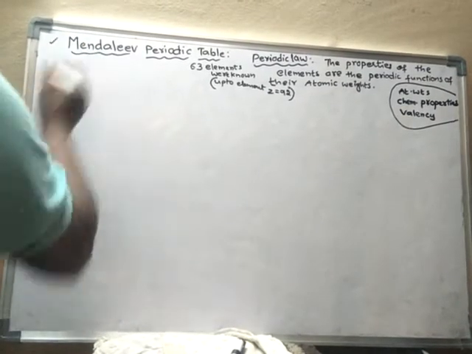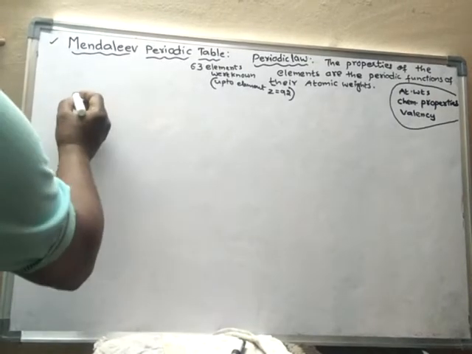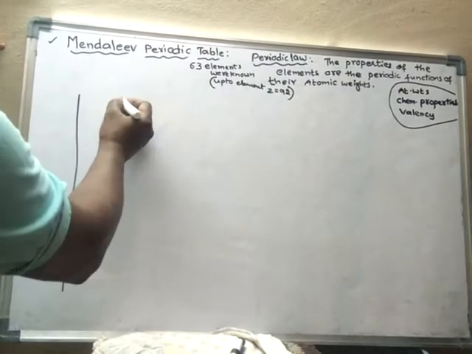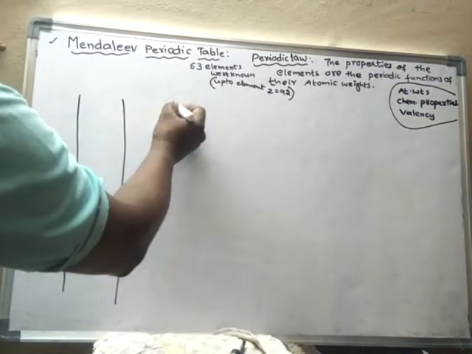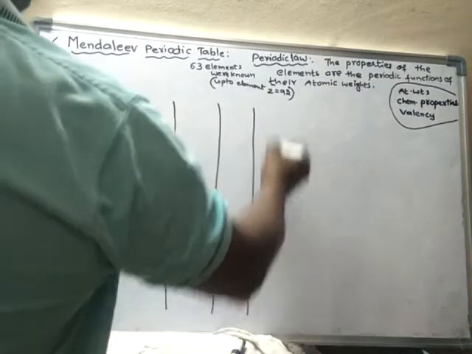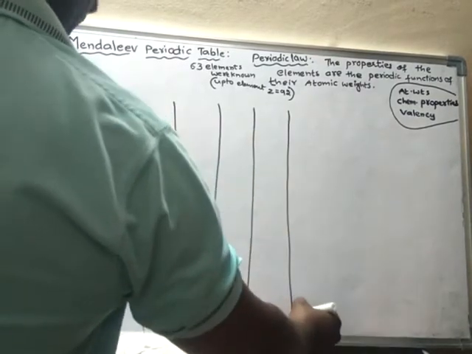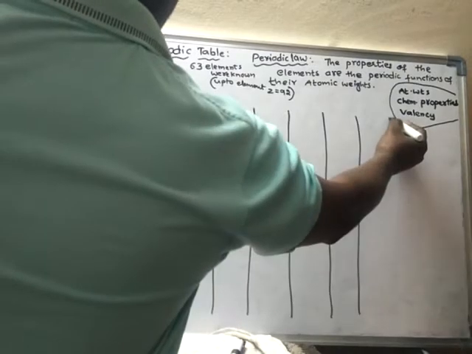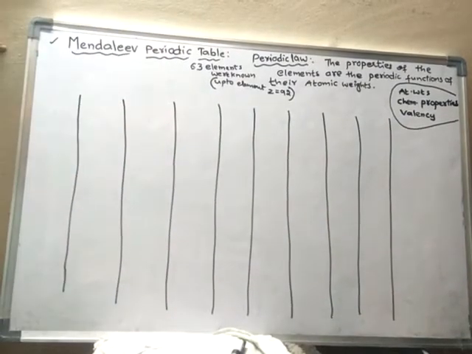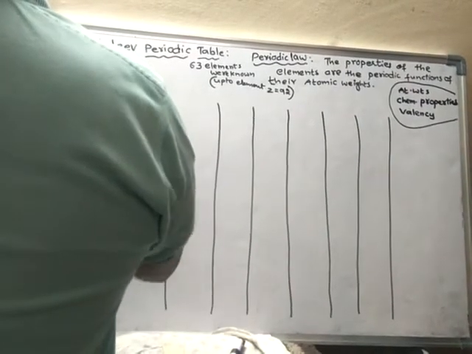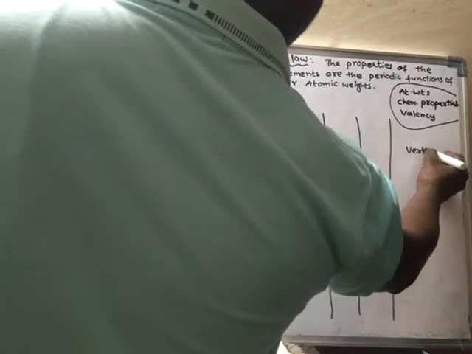See, in Mendeleev's periodic table, there are 8 vertical columns: 1, 2, 3, 4, 5, 6, 7, 8.